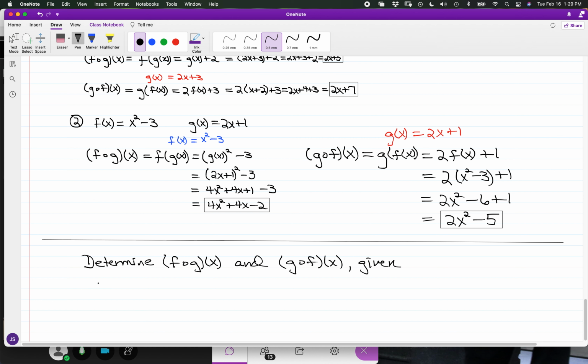We'll say, first of all, that we have f of x is equal to 2x plus 5, and g of x is equal to 3x minus 2.